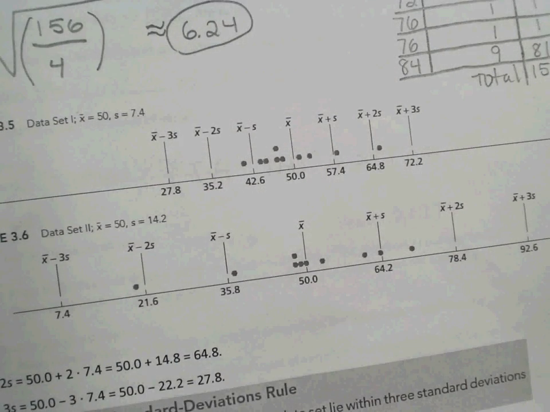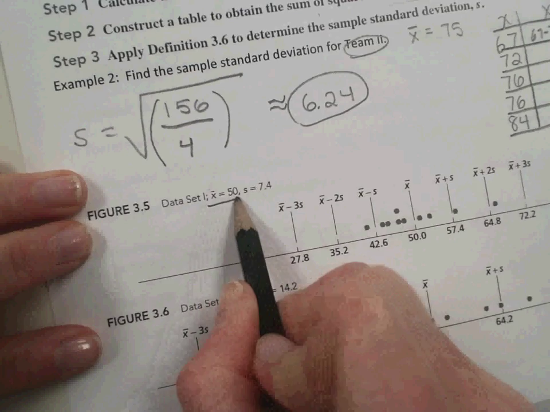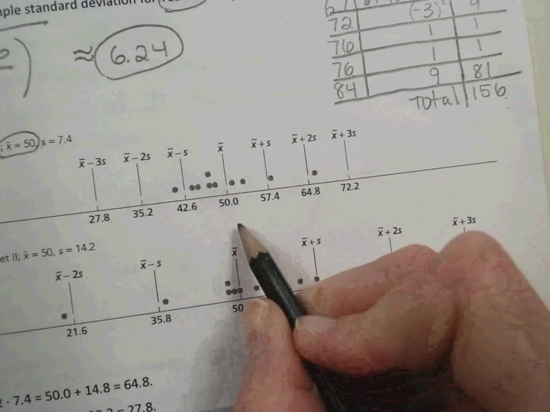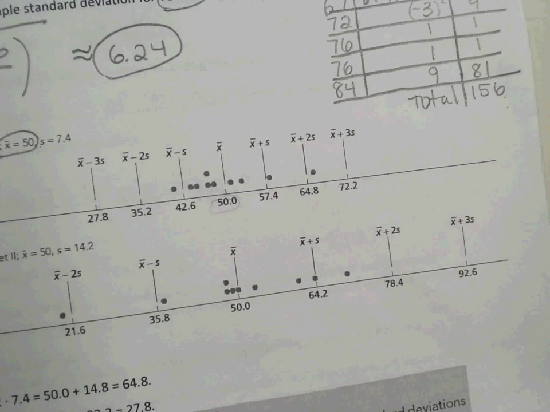Below, you can see a little bit of a sneak preview into what we'll be doing tomorrow. You see a dot plot where in this example, our data set has an average of 50. You see on the dot plot how they put 50 right in the middle? When we're talking about standard deviation, again, the definition of standard deviation is going to be comparing our data points to the mean.